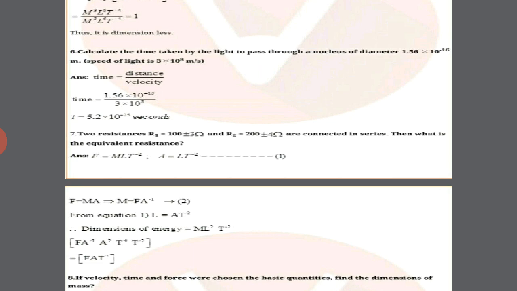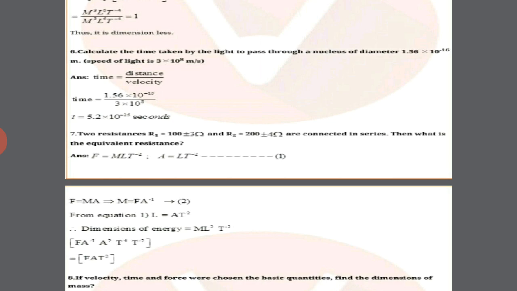The dimensions of energy we all know, ML²T⁻². Put the values in this: FA⁻¹ A²T⁻⁴... FAT² it is. Okay, that will be the final one, FAT². Okay.